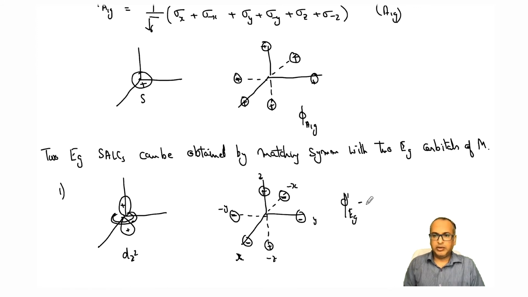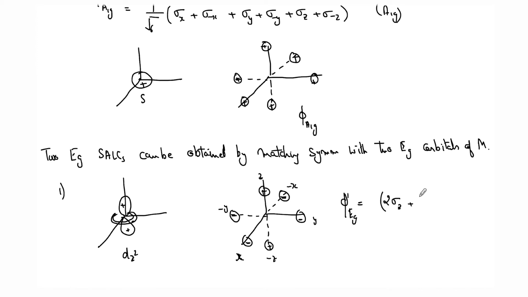EG1 can be written as 2 sigma Z plus 2 sigma minus Z. So these two are positive. Remember that this is 2Z square minus X square minus Y square.